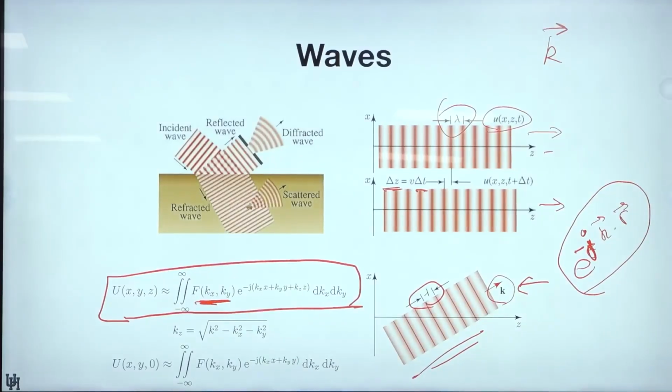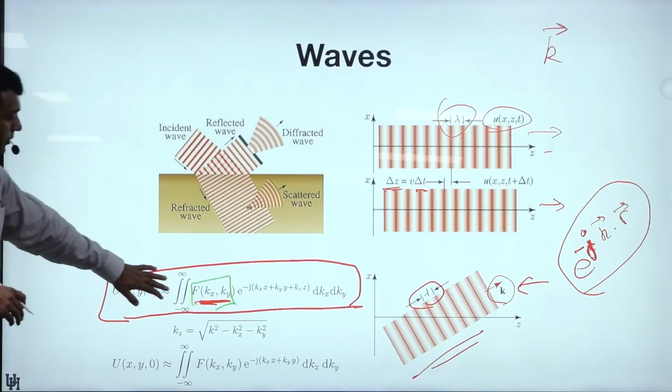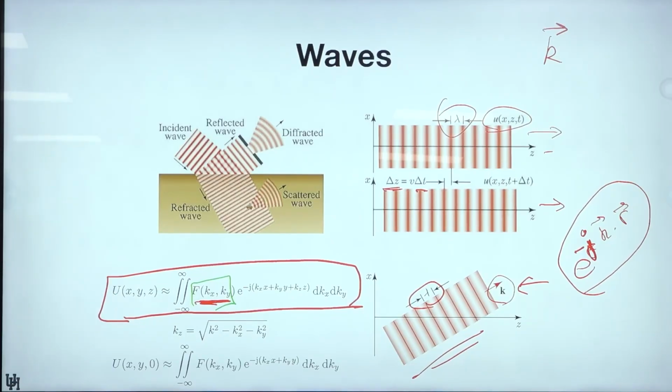So the f of kx, ky in this equation tells you how much of each plane wave. You can notice that this is of the form e to the minus j k dot r. What is k dot r? It's kxx plus kyy plus kzz. So that's exactly what we have here.